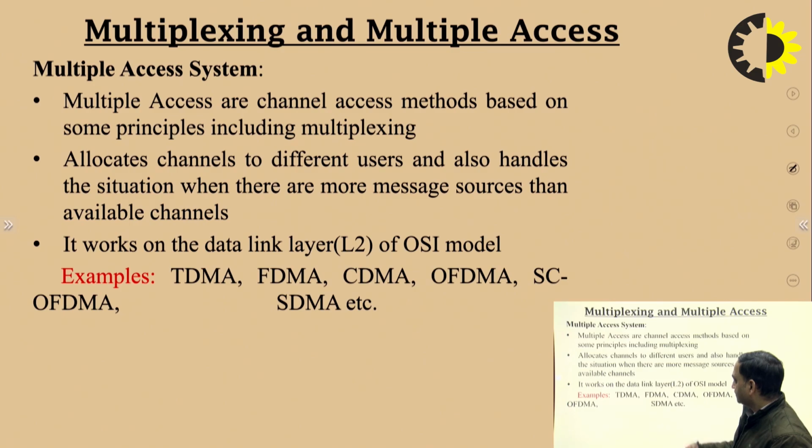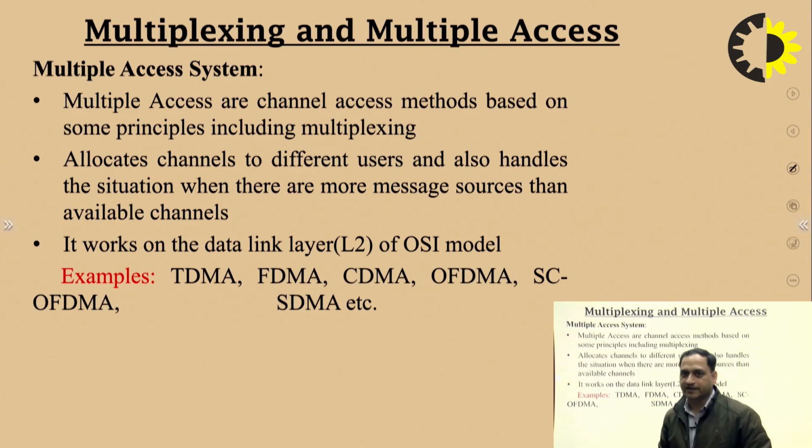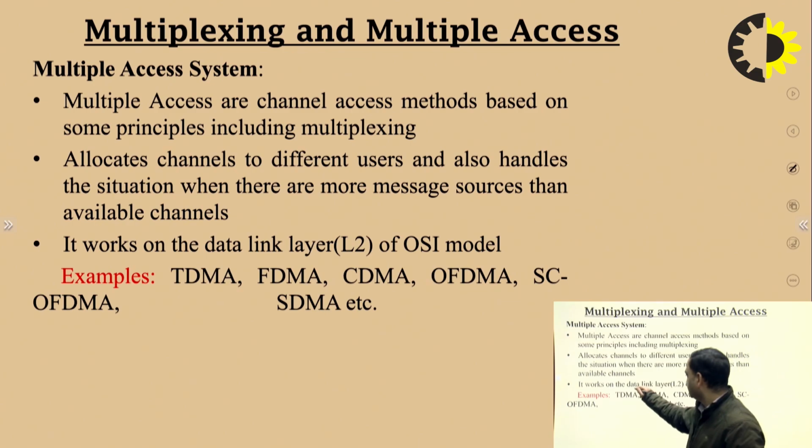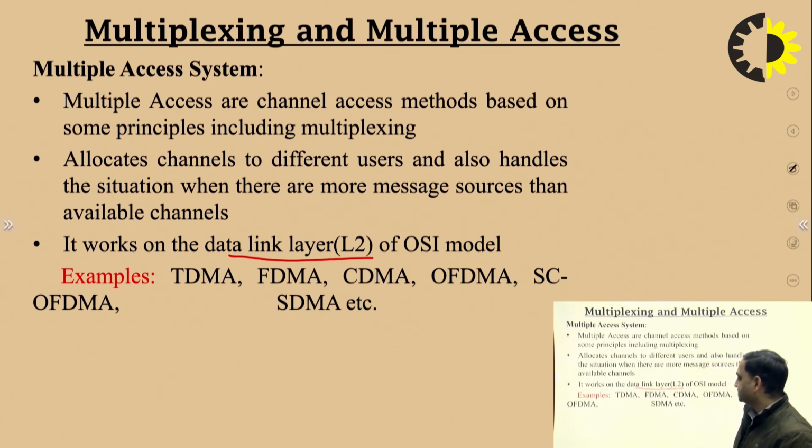The main target is how many users we can accommodate in the network, and how these users can access a given channel. In this way the capacity of the network can be calculated. The multiple access technique works on the data link layer of the OSI model.